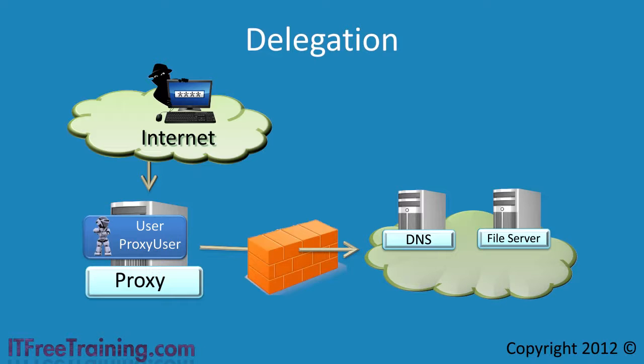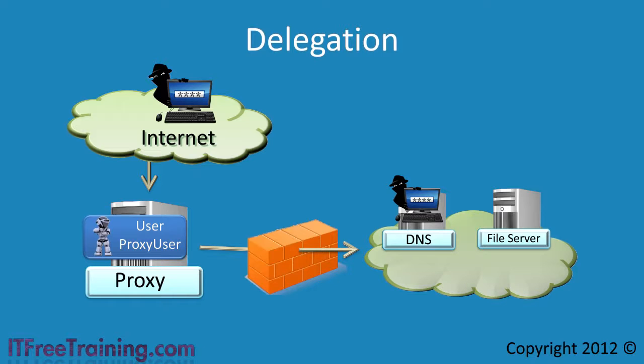Between the proxy server and the network is a firewall, so the proxy server is already limited to what it could get access to. The hacker wants to access another server on the network, but the firewall is blocking it. The hacker could use delegation in the following way. The hacker could send a command from the proxy server to a server that can be accessed from the proxy server, asking it to access another server.